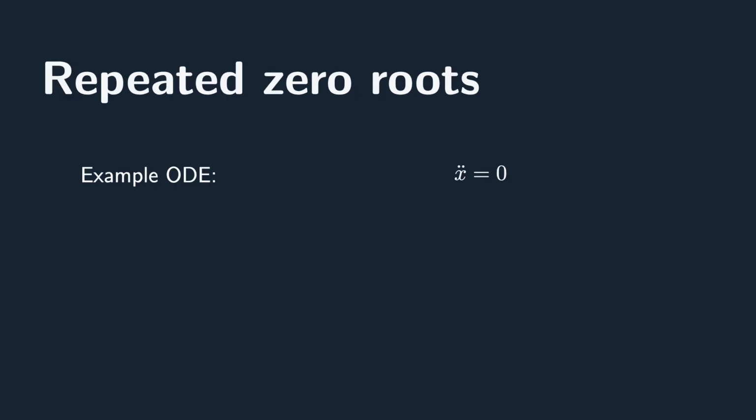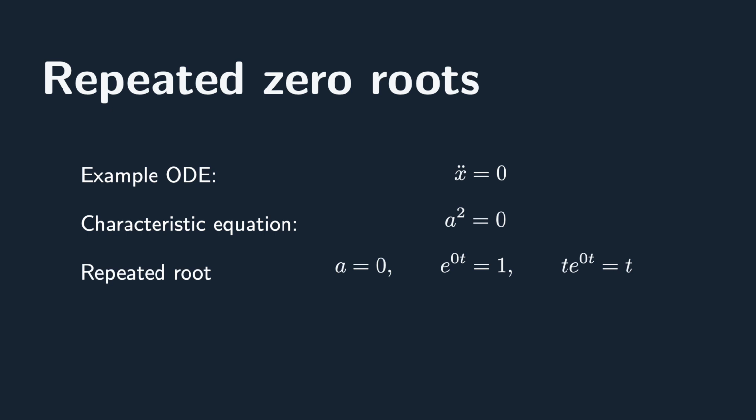For this ODE, the characteristic equation is a squared equals 0. So a equals 0 is a repeated root. From the repeated root idea, a double root gives the terms e to the at and t times e to the at. Here, the repeated root is 0. So e to the 0 times t equals 1, and t times e to the 0 times t equals t.